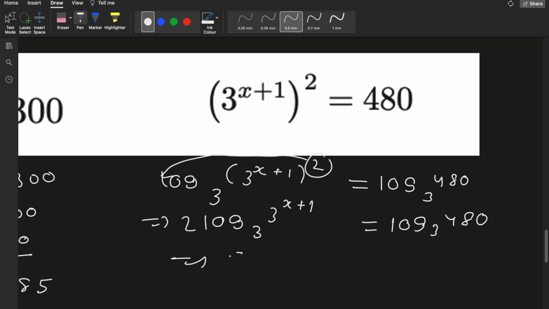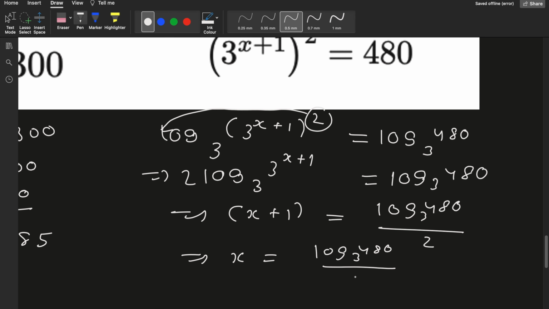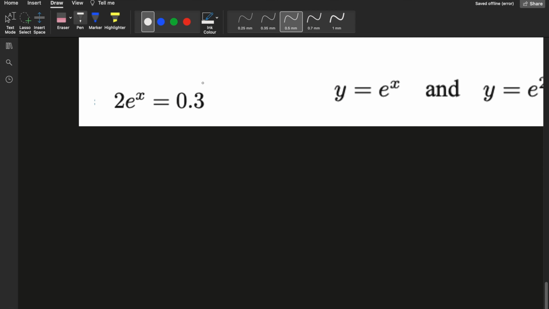Therefore x plus 1 equals log 480 base 3 divided by 2. On rearranging, we get x equals log 480 base 3 divided by 2 minus 1. And this would be 1.81 to 3 significant figures. So that's our answer.